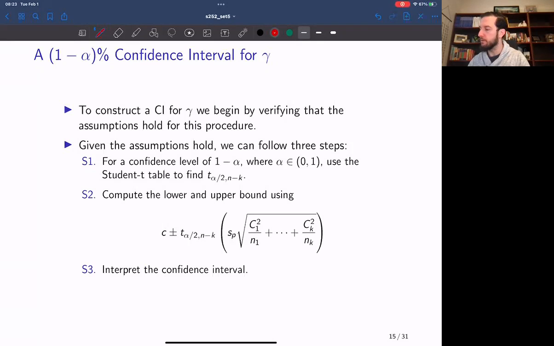It's little c plus or minus the t-value multiplied by sp, and remember that little sp is the square root of the MSE. So we can pull that from the ANOVA table directly. And then we have to interpret the interval. Okay, so pretty much the same three steps we've seen throughout the class.